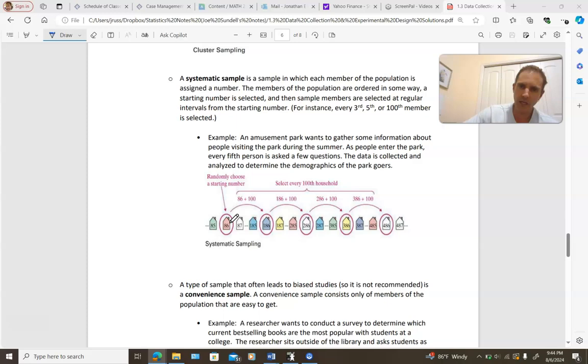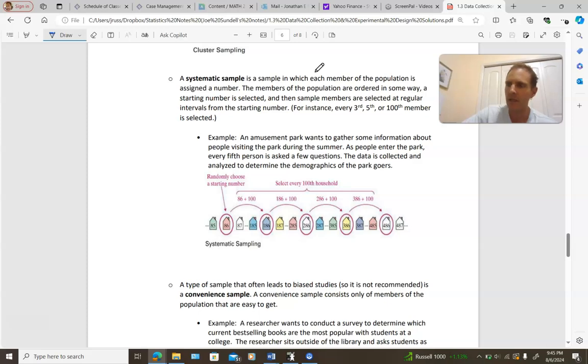All right, and then we have systematic sampling. So systematic sampling, I think about products coming off of a conveyor belt or an assembly line. Okay, so if a manufacturer wants to determine the average lifespan, or life expectancy of a certain product, then they don't sample every single product that comes off the assembly line.